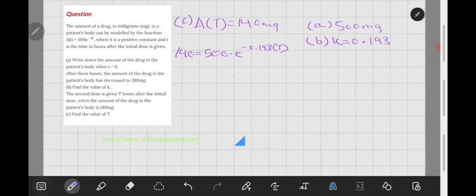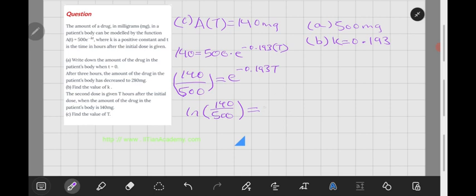Okay? So if we again just rearrange our equation and divide both sides by 500, we have e to the power of negative 0.193t. We can then take the ln of both sides and bring down our power that the e has been raised to, so we have ln of 140 divided by 500.